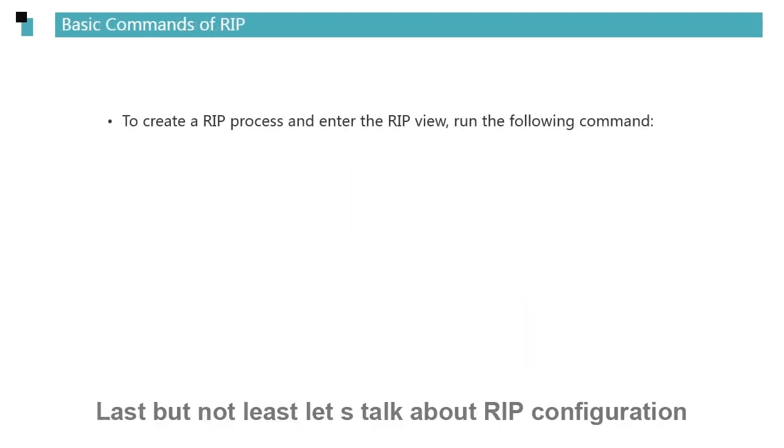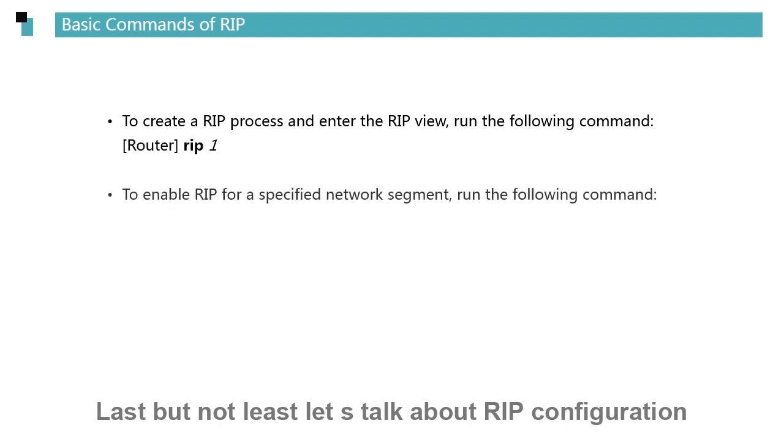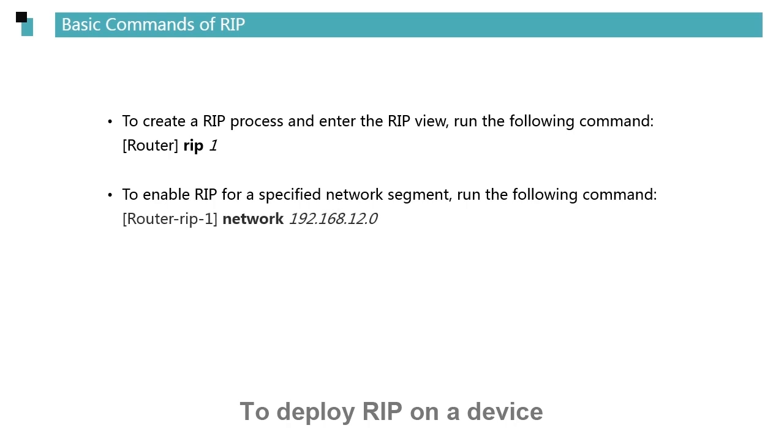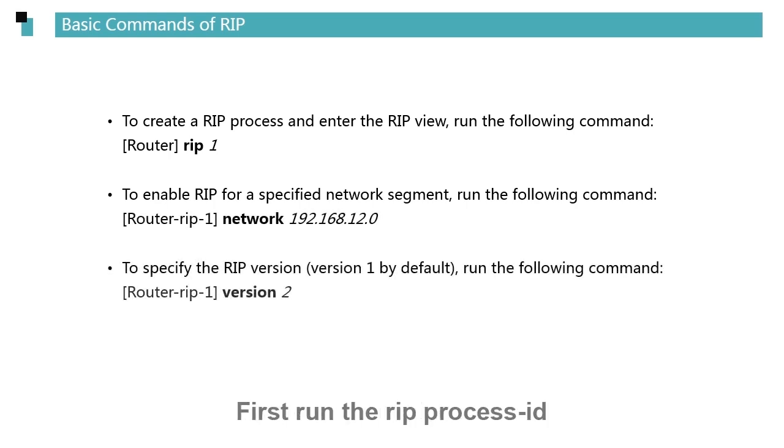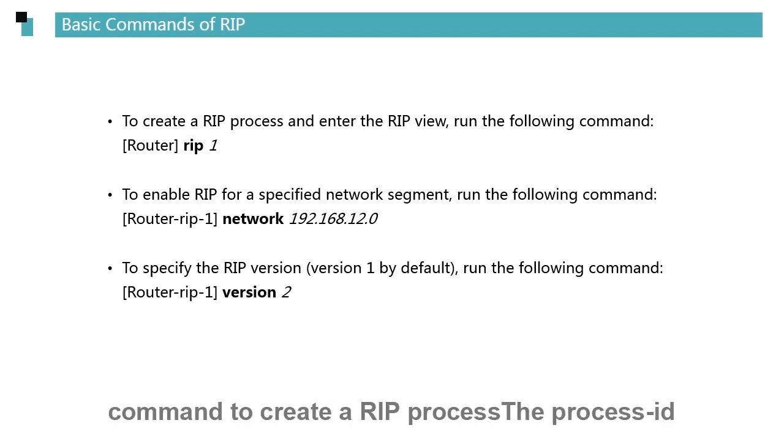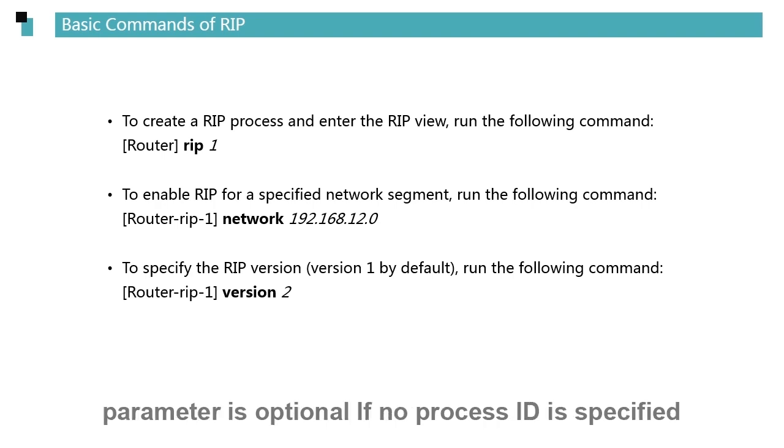Last but not least, let's talk about RIP configuration. To deploy RIP on the device, perform the following operations. First, run the rip process-id command to create a RIP process. The process ID parameter is optional.